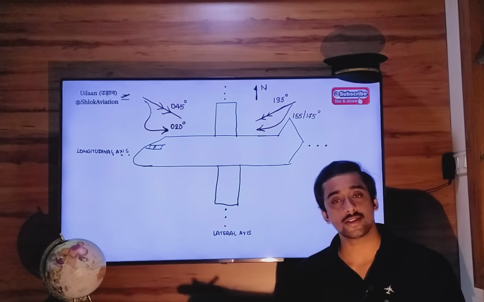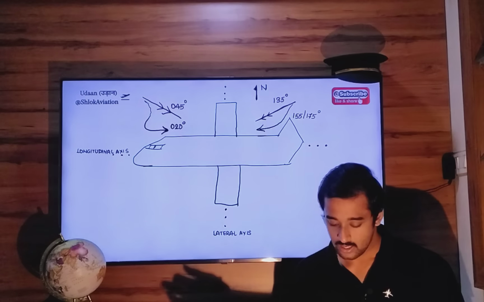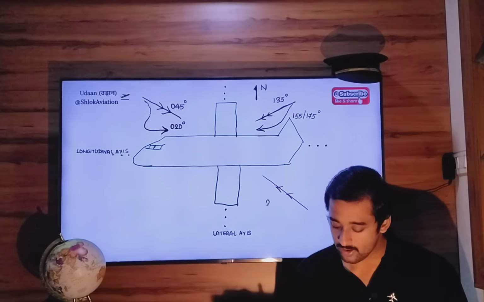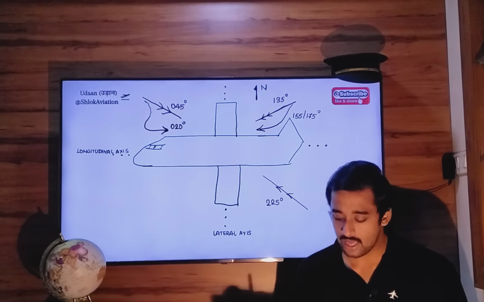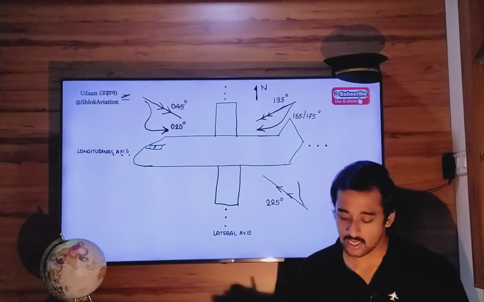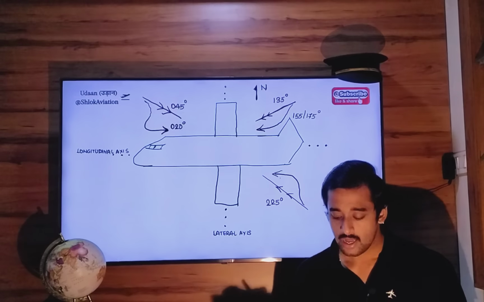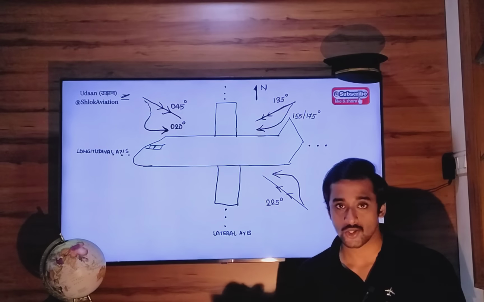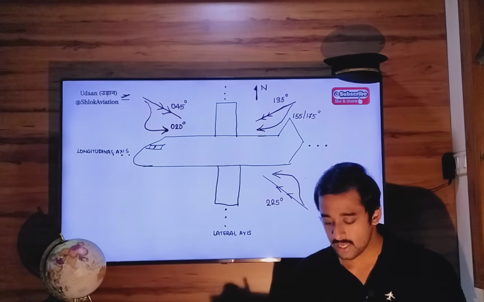If the radio wave is coming from this direction, 2 to 5 degrees, again the bending will happen in such a way that this radio signal appears to be coming from some other angle which is more or less aligned with the longitudinal axis of the aircraft. So that angle will be, let's say, 190 degrees.